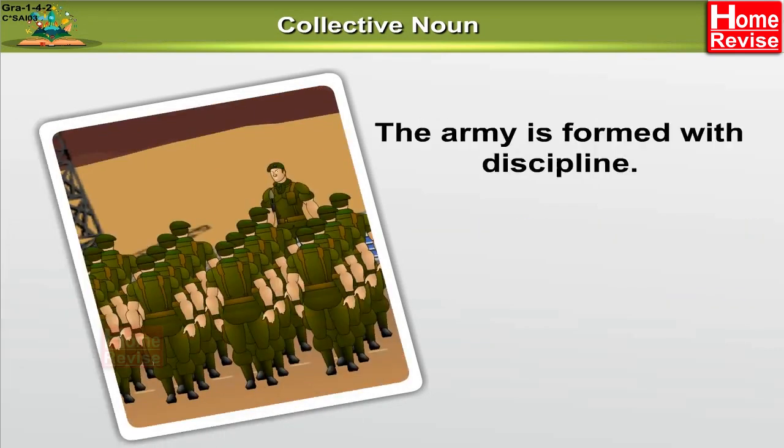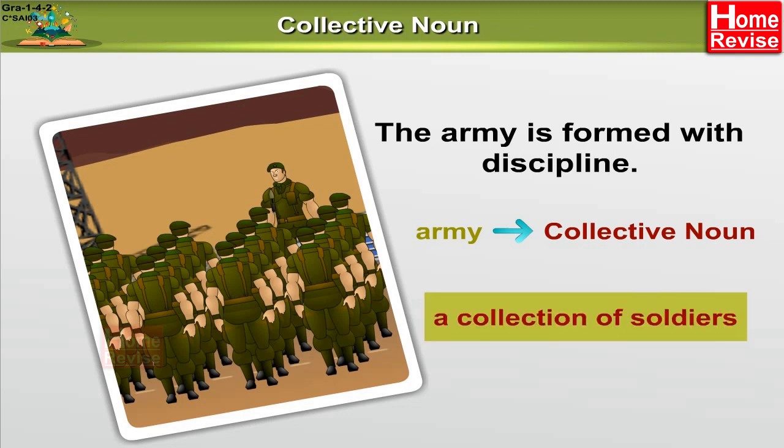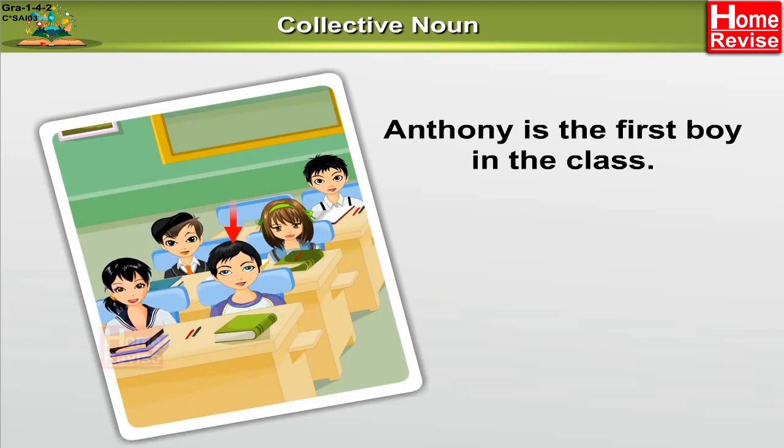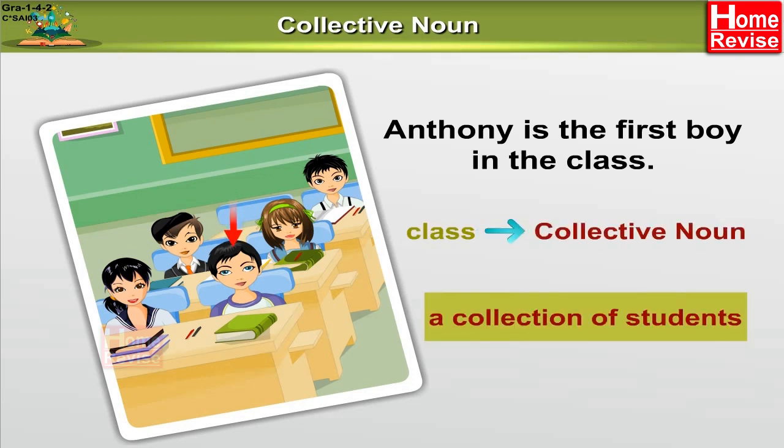The army is formed with discipline. Here, army is a collective noun because it states a collection of soldiers. Anthony is the first boy in the class. Here, class is a collective noun because it states, you guessed it, a collection of students.